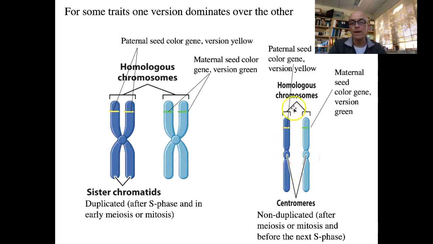They're still homologs, and you would still have the maternal seed color gene here and the paternal seed color version over here. This is just a chromosome that has not been duplicated, so it would be after meiosis or mitosis and before the next synthesis phase, and this would be one that is just entering meiosis or mitosis after it's gone through the S phase, just so that you don't lose sight of that.